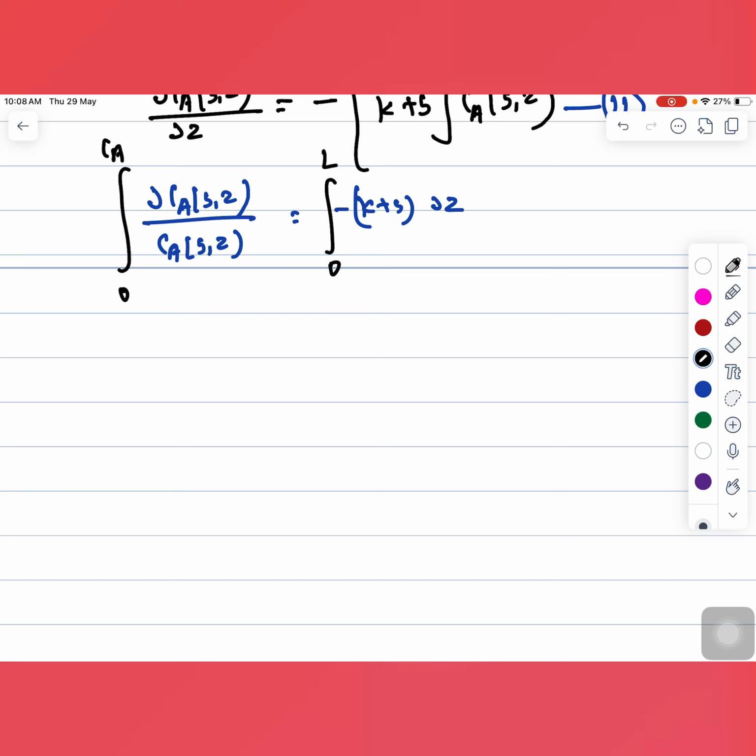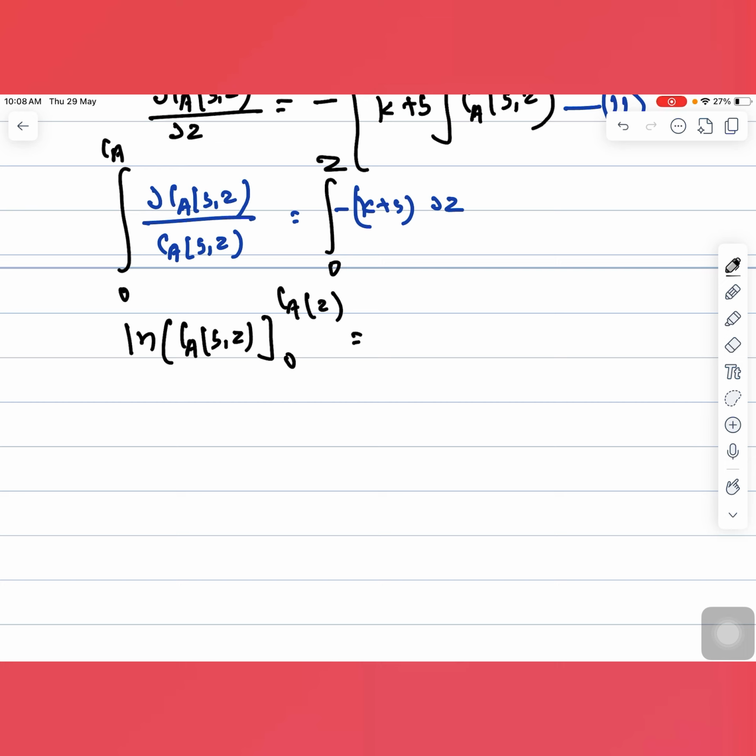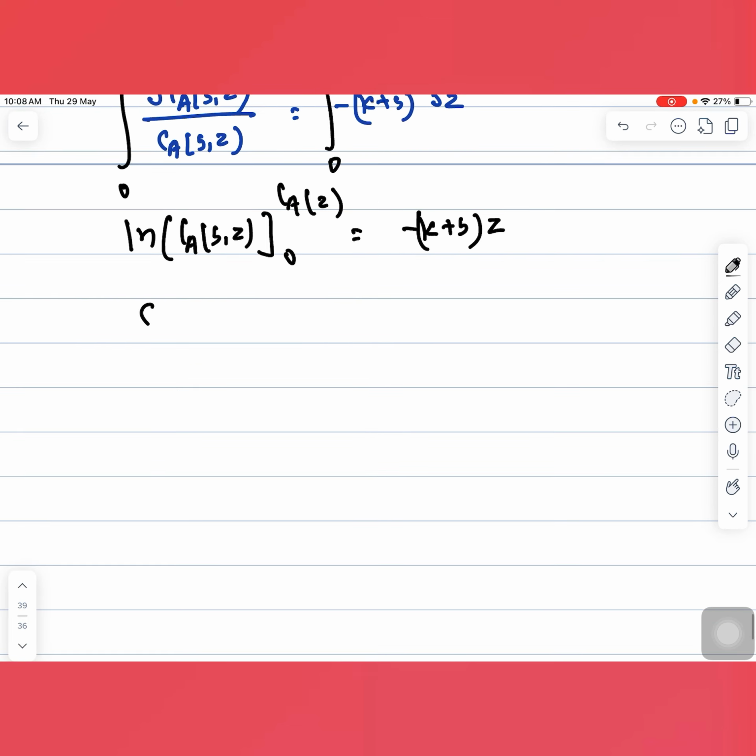So this will be ln CA(S, Z), from 0 to CA at Z, equals minus K plus S into Z. So finally we want to calculate the value CA of S, Z, which equals exponential of minus K plus S into Z. Is that clear?